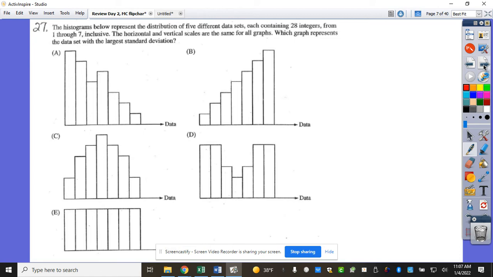The horizontal and vertical scales are the same for all graphs. Which of the following represents the largest standard deviation?